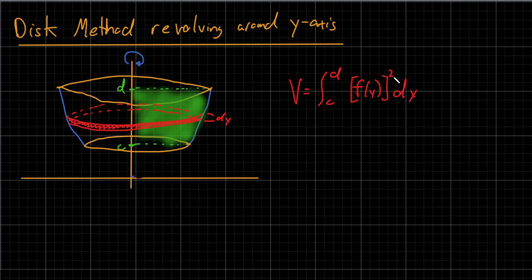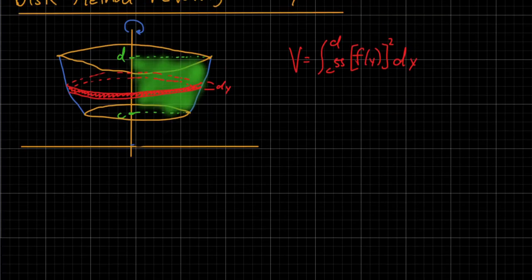Is that it? Pi. And I would always recommend writing it inside for right now so we don't forget pi. Just like a volume formula, we need our pi. Okay, that is a volume.